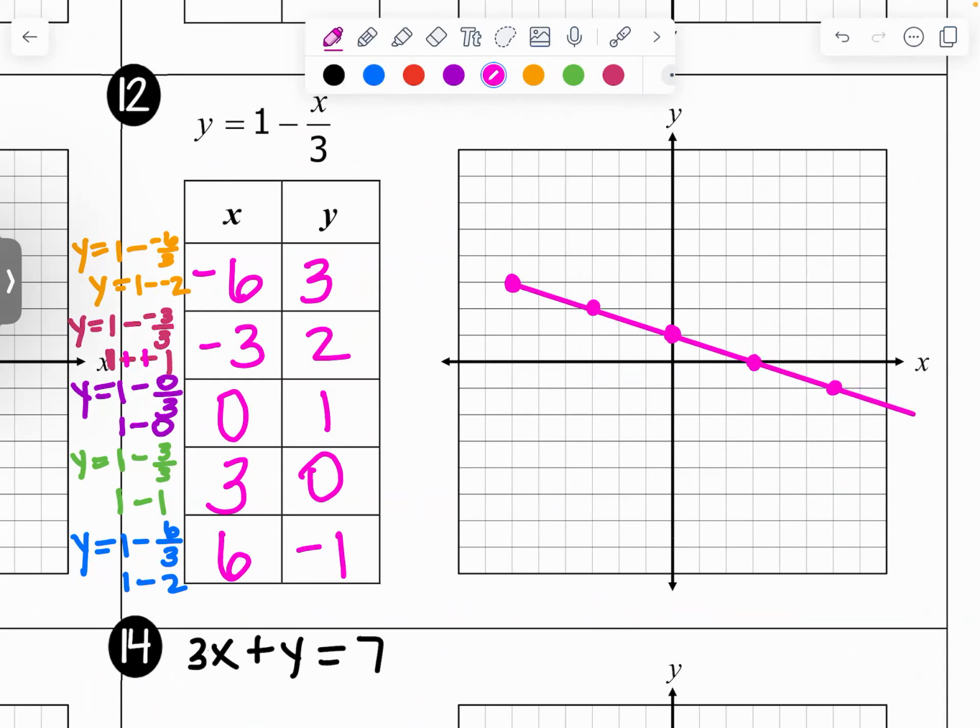Okay. -2 to 2 is great to pick unless we have a fraction or we're dividing by a number, and then you're gonna wanna choose multiples of whatever that division is. Okay, so in this case, we chose multiples of 3. Okay.